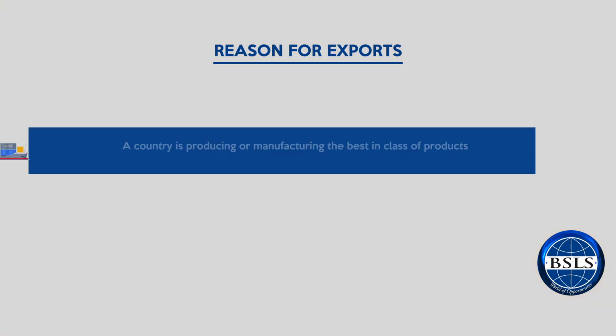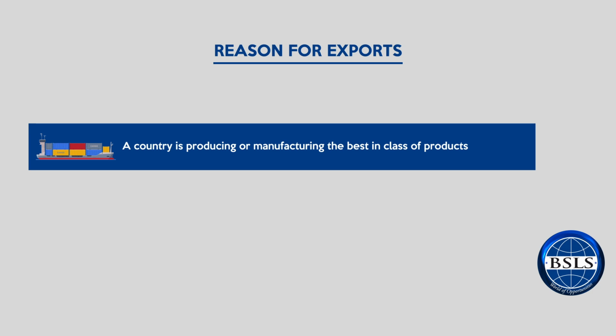Now let us look at the reasons for exports. Countries engage in export activity when they are producing or manufacturing products best in class as available in the international market.